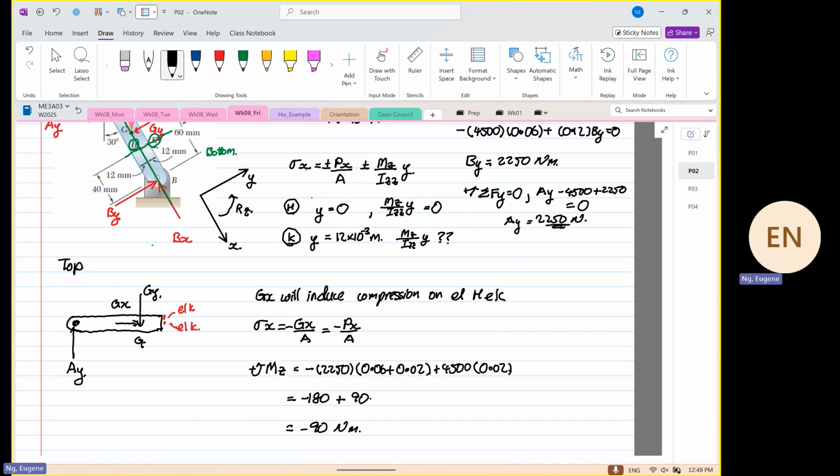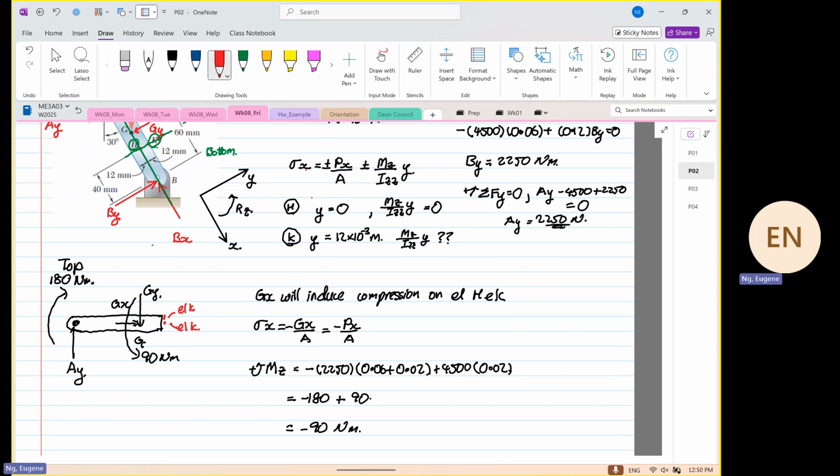Okay. So what does this physically mean? So over here, Ay is going to generate a moment in this direction, right? That's equal to 180. Gy is going to generate a counter moment, right? And this is equal to 90 Newton meter.